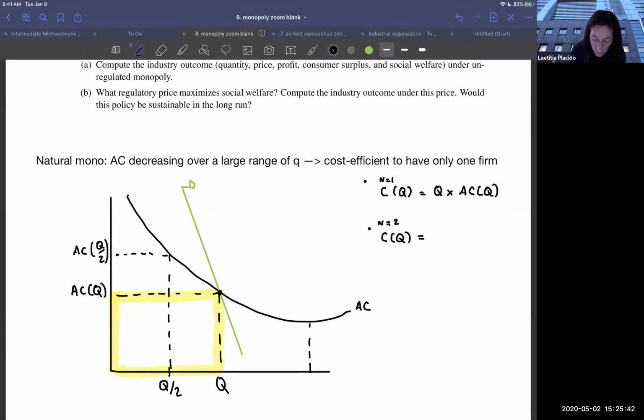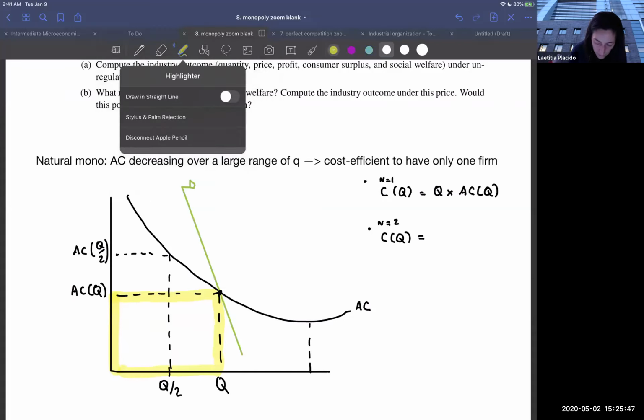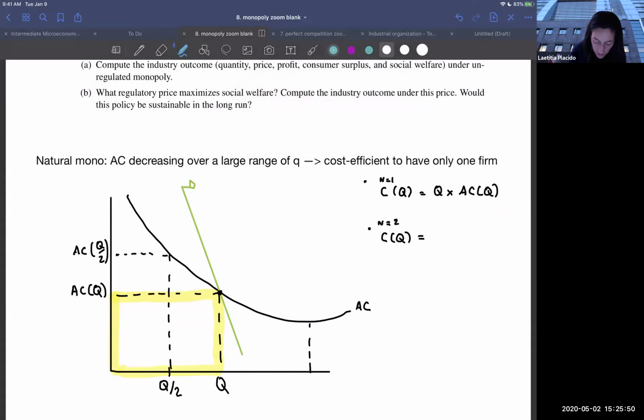The total cost for the first firm in that market is this area here, so it is AC of Q over 2 times Q over 2. So firm A is producing Q over 2 and incurs a total cost, which is the blue area here.